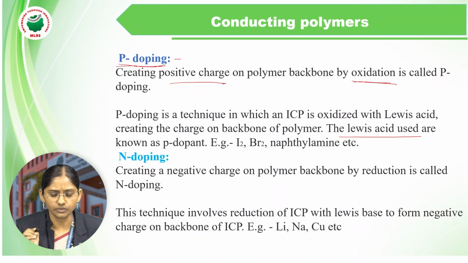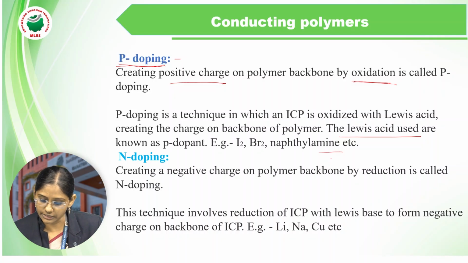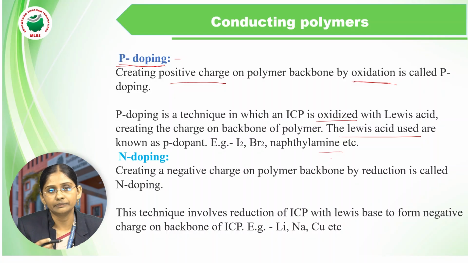If we add Lewis acidic solutions or iodine, bromine or naphthylamine, what happens? Loss of electrons takes place from the polymeric chain, so we can say that this polymeric chain is oxidized. So when we add this Lewis acidic solution to the conducting polymer, it creates positive sites.